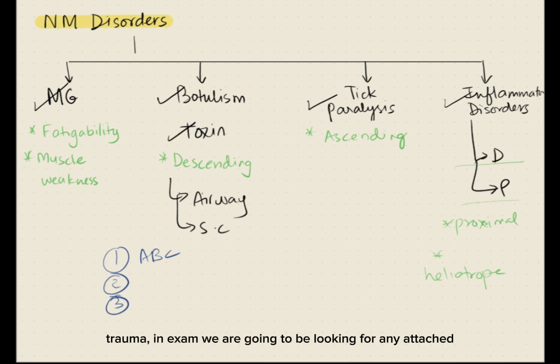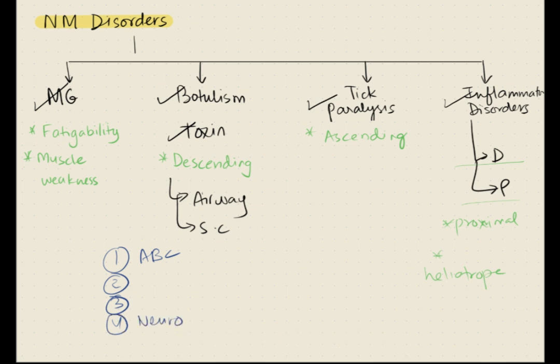On exam, we are going to be looking for any attached ticks on the body. We are going to have a look at their reflexes and determine whether this is a proximal muscle weakness or a distal muscle weakness, which may change our diagnosis and management. And as we said earlier, we will consult neuro quite early on and have them on board.